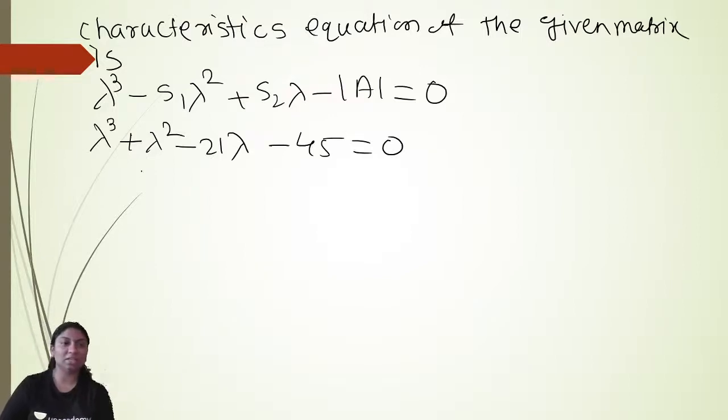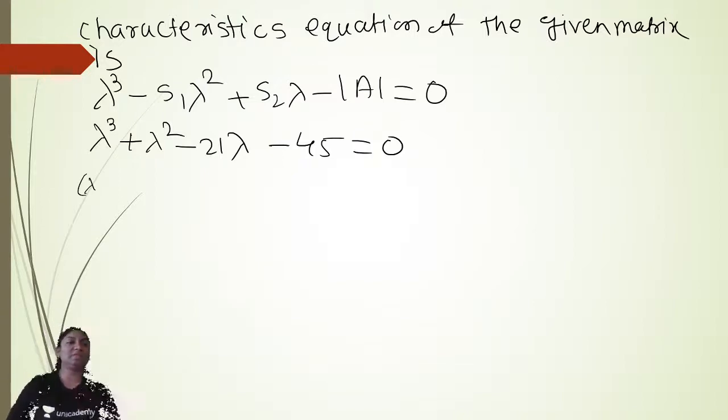So minus 3 is the first root. Okay, we will put lambda is equal to minus 3, then we will get 0. Minus 3 cube is minus 27 plus 9 plus 63 minus 45 is equal to 0.